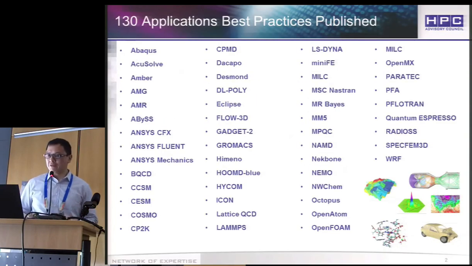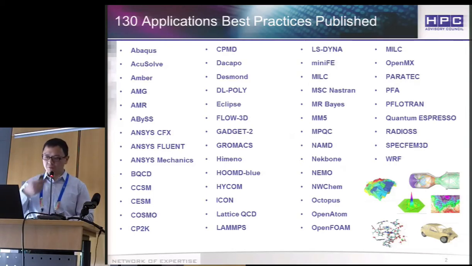So first of all, I'm going to share with you some of the applications that we have worked on at the HPC Advisory Council. We have over 130 HPC applications published. We work on analyzing and profiling some of the characteristics of the applications so that we can better understand if they are more sensitive to CPU or network or some other aspects of the hardware.